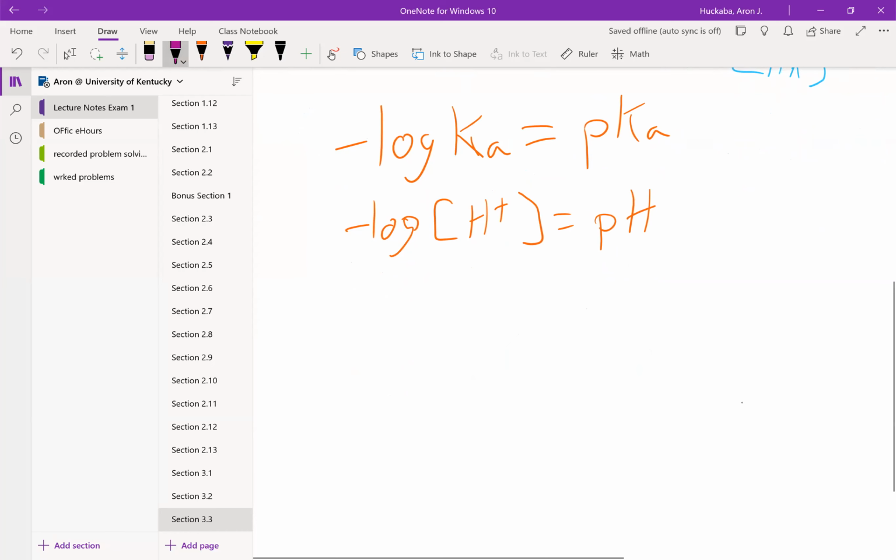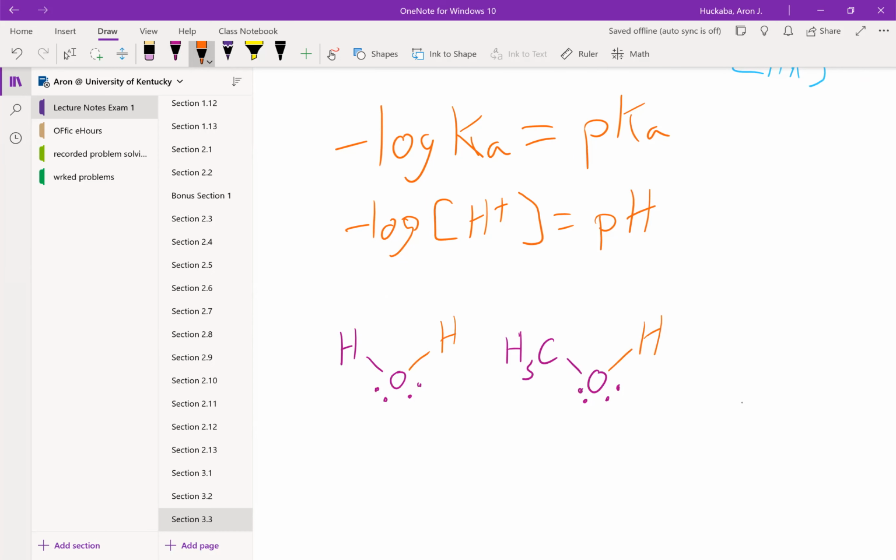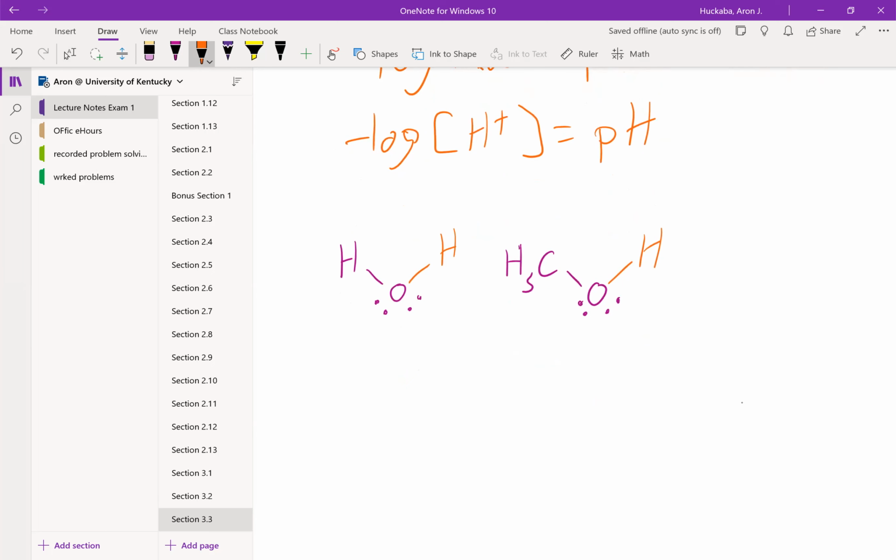So if we were to take, for instance, these two molecules and compare the acidity of the red proton, we can compare their pKa. Here, water has a pKa equal to around 15.7. At least that's what your book says and what some other values I have say.